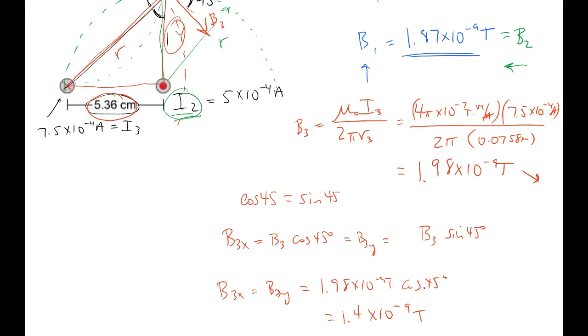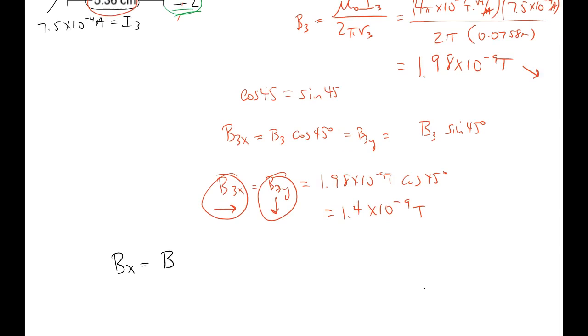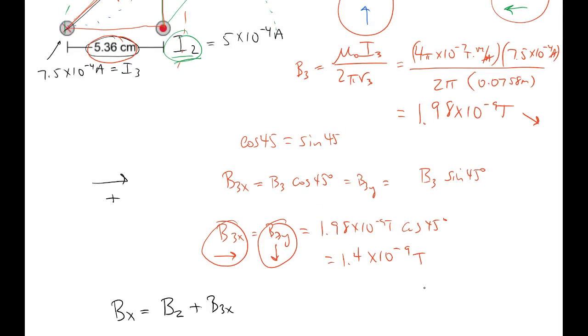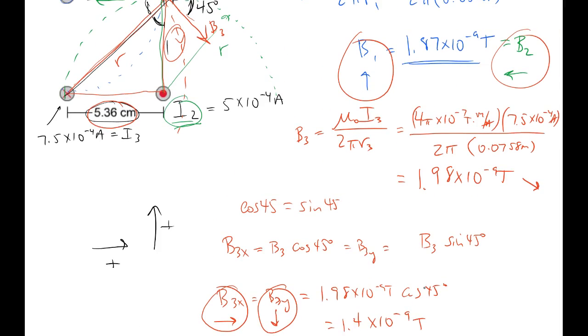Now, B3 in the x direction is to the right, and B3 in the y direction is down. To the right and to the left will cancel out, and down and up will cancel out. So let's go ahead and do this. B in the x direction would be B2 plus B3 in the x direction. I'm going to call right positive, and up positive. So B3 in the x will be positive, but B2, which points left, will be negative.